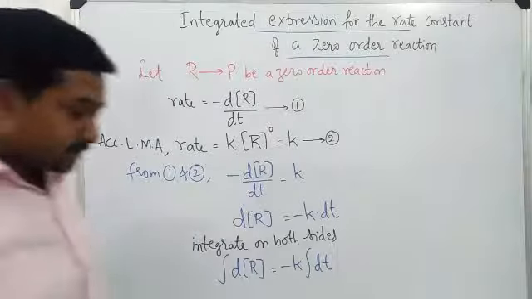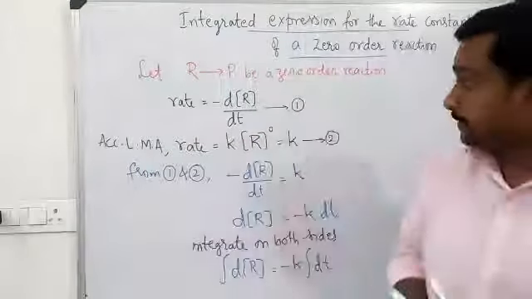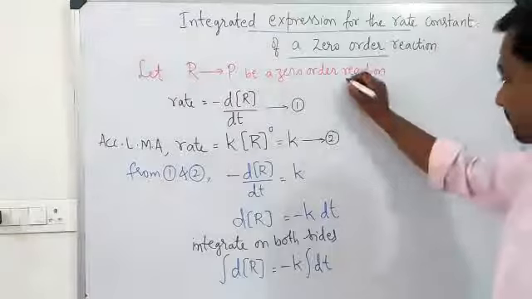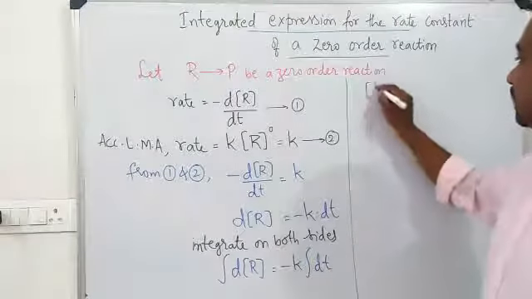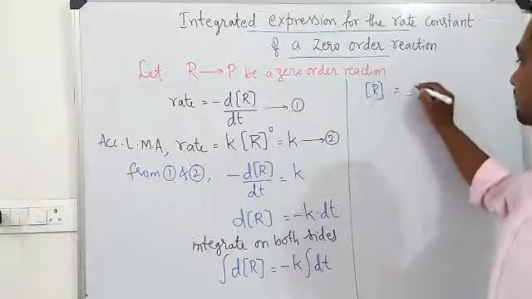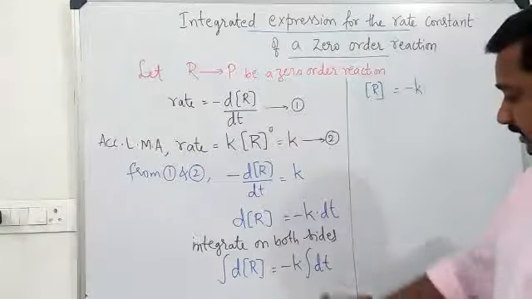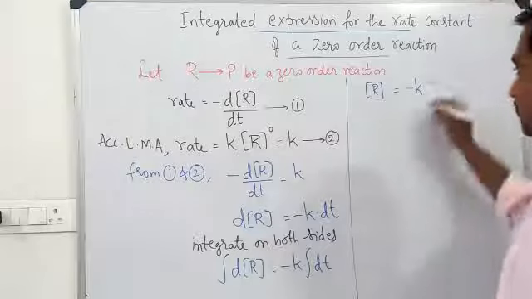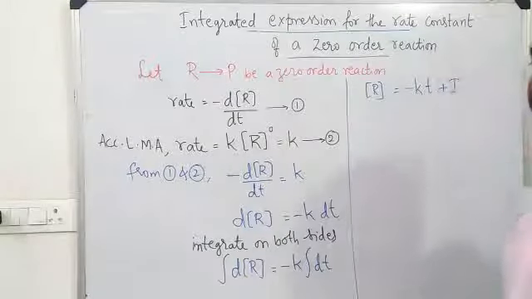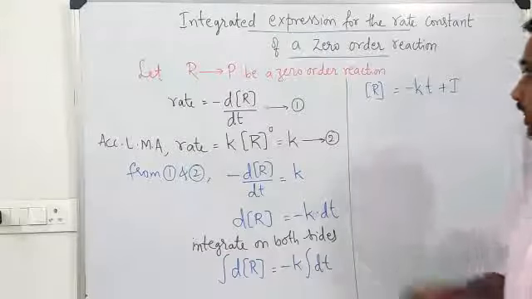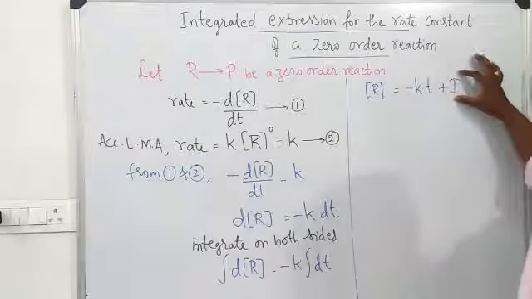On integrating this expression, we get the result. D of R on integration gives R equals minus K, this is constant, and integration of dt becomes t plus an integration constant I. So we need to find out the value of I in the next step.